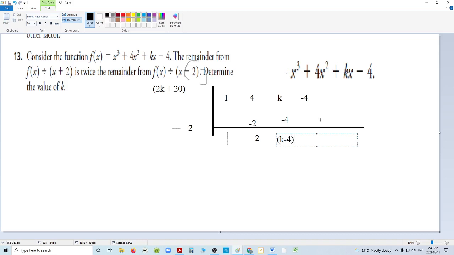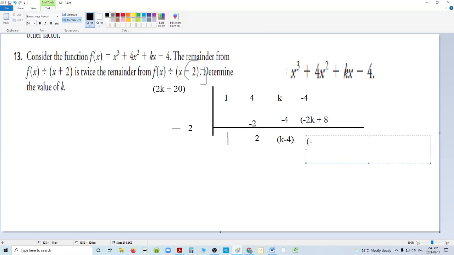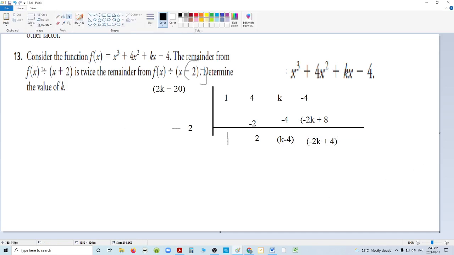When I multiply that by minus 2, I get minus 2k plus 8. Then I have to subtract 4. Let me make sure. And when I add those together, I get minus 2k plus 4. There we go. So that means that's my second value.